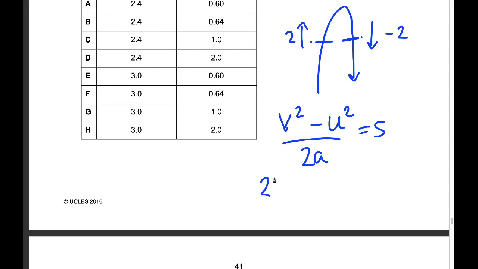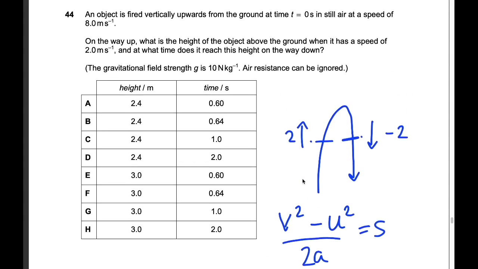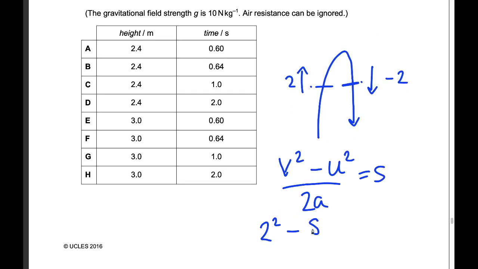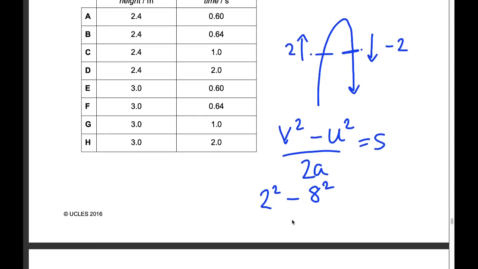So this is 2 squared on the top, which is 4. Its initial velocity is 8, so it's 8 squared, all over 2 times a. A is always taken to be 10 here, so it's all over 20. Oops, have I made that the right way around? Oh, that's going to be a -20 on the bottom, sorry. G, the acceleration, is in the downward direction.